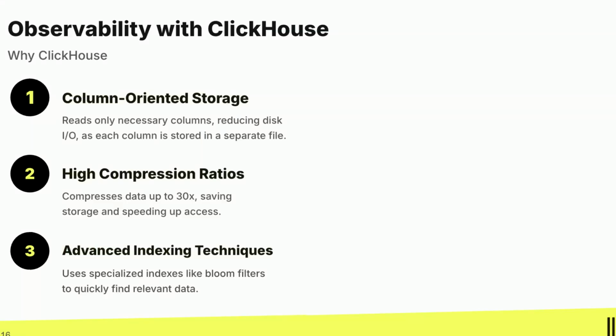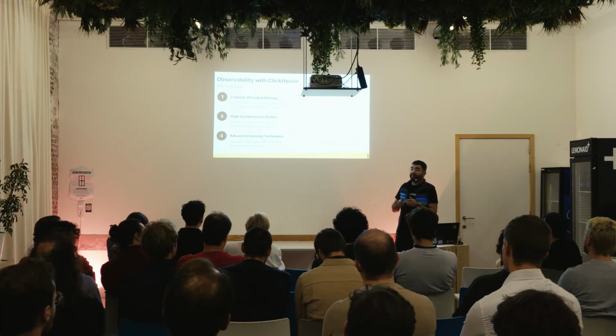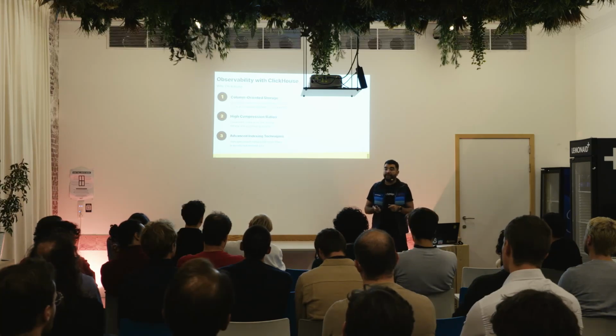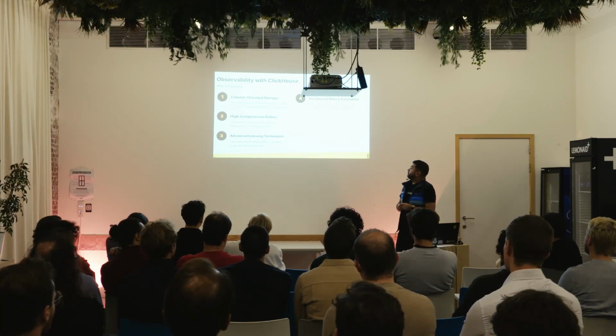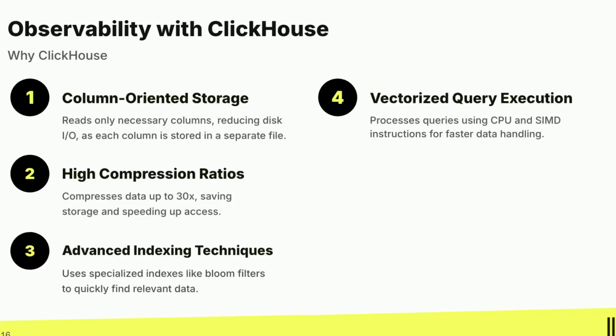Also, we have the sorting key to read the relevant data by default, but we can have really good indexes on top of it for the other columns, like a Bloom filter or min-max, to find the data quickly. The fourth one is the vectorized query engine, which gives you the opportunity to handle the data in batches.